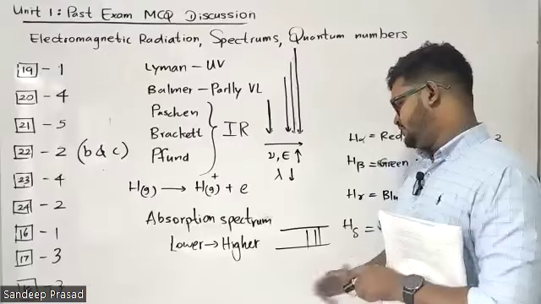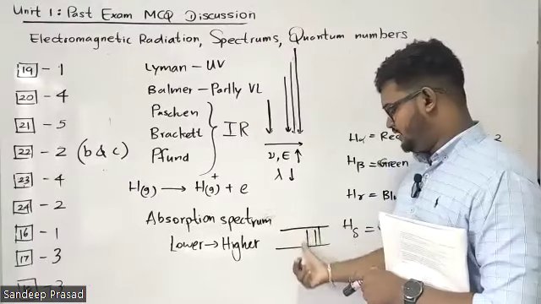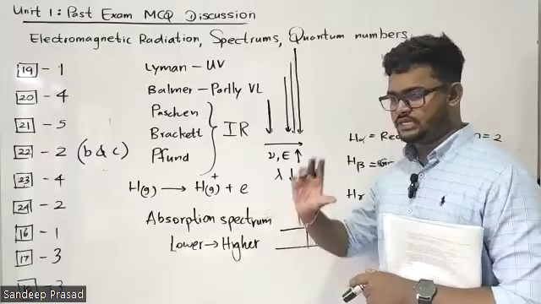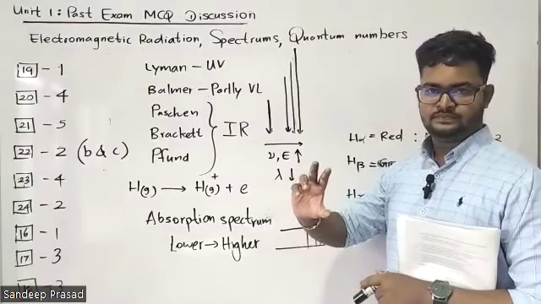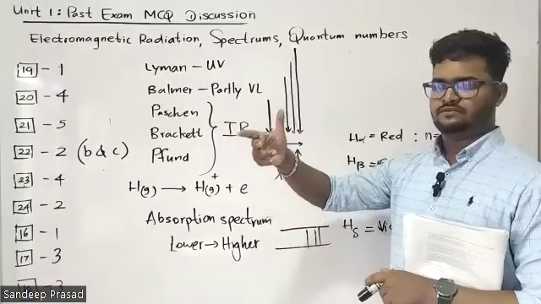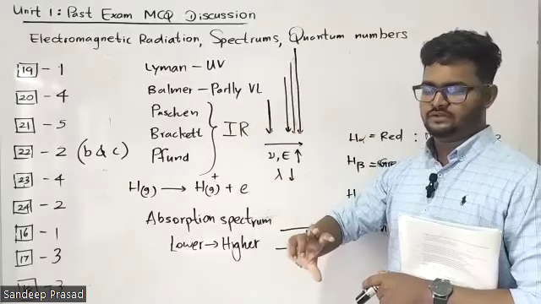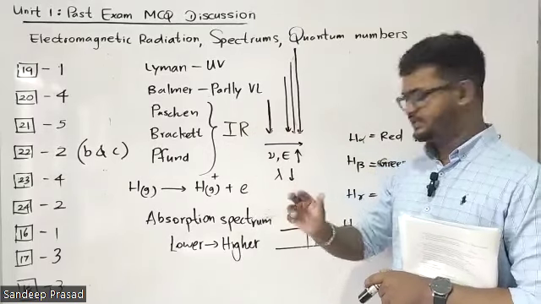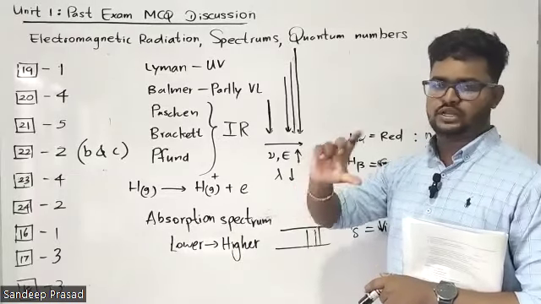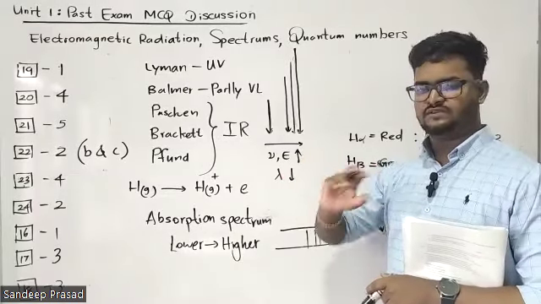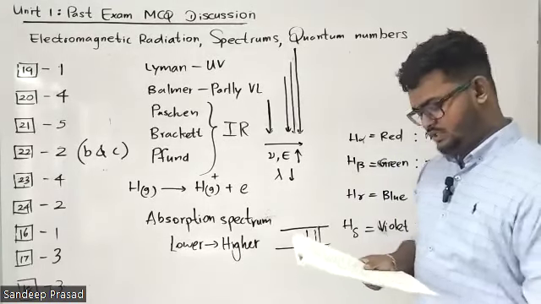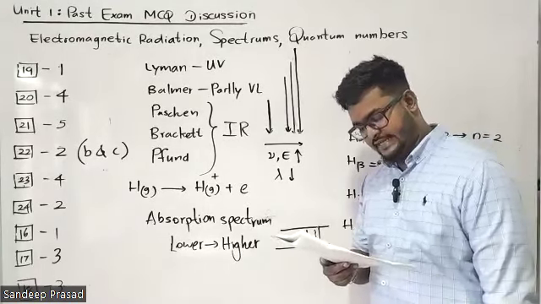These are actually the corresponding energies released when electrons transfer from a high energy level to a low energy level. That means these lines represent the energy gap between two energy levels when electrons transfer from one level to another. So therefore, that is wrong.